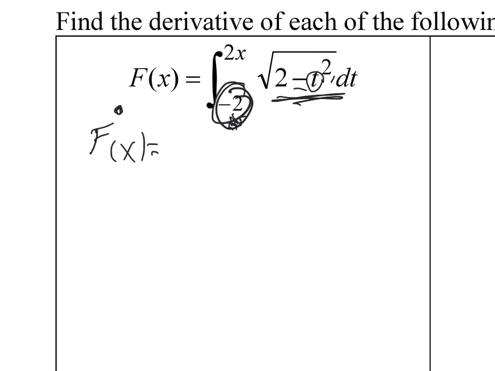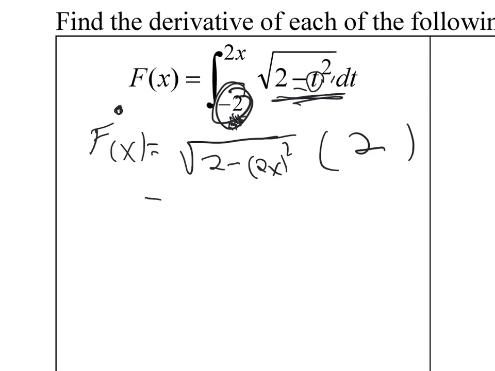But if I apply my trick, the answer should be the square root of 2 minus 2x all squared times 2. I mean, that should be using the theorem because it didn't matter what this bottom one is. So that equals 2 square root of 2 minus 4x.